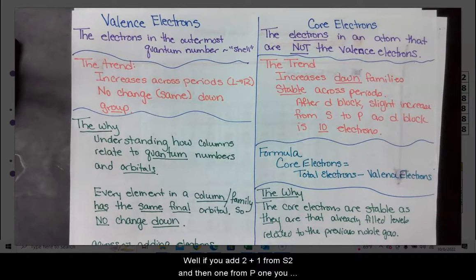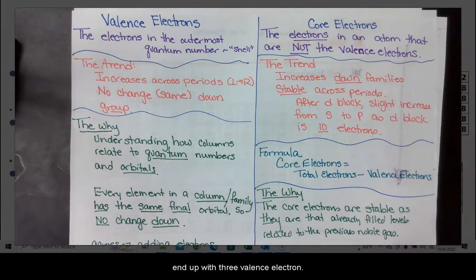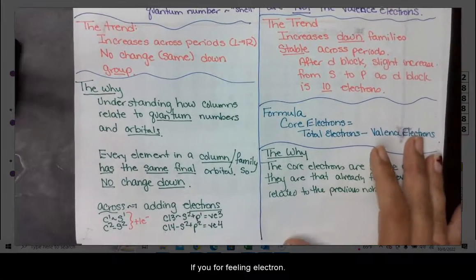Well, if you add 2 from S2, and then 1 from P1, you end up with 3 valence electrons. When you look at column 14, it ends up with P2, and then 2 from the S2 plus 2 from the P2 gives you 4 valence electrons.